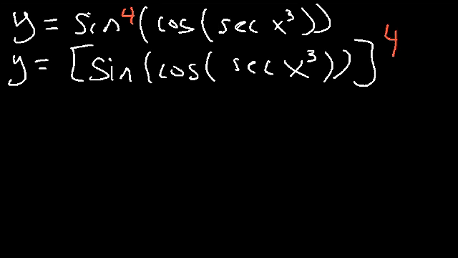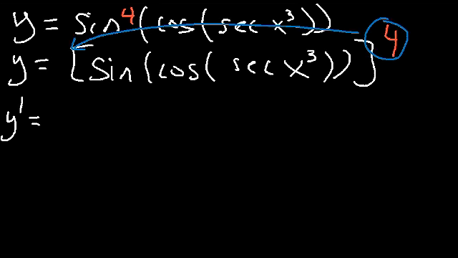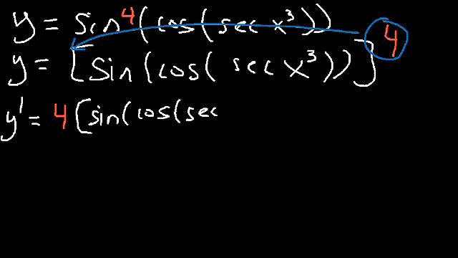So let's start with the exponent. Let's move it to the front. So y prime is going to be equal to 4, and then everything on the inside is going to remain the same. So it's 4 sine cosine secant x cubed, and then 4 minus 1 is 3.